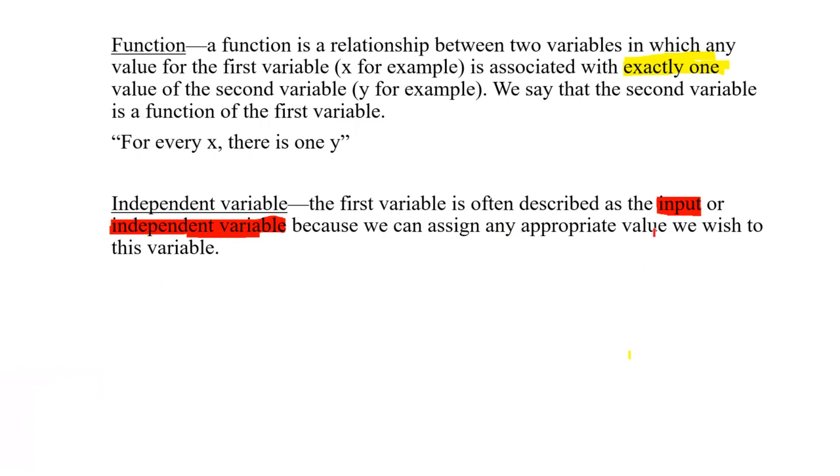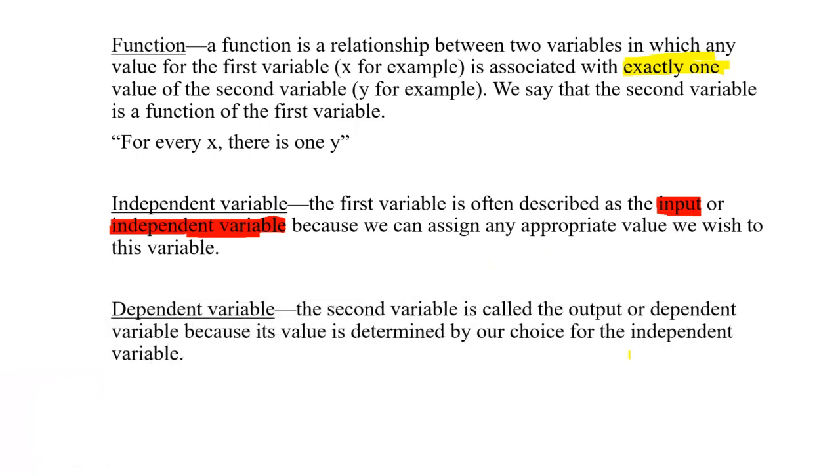So sometimes physically it doesn't make sense, or the function may not be defined if you choose arbitrarily any value. For example, in the case of area, if you choose a negative radius, it doesn't make sense because lengths cannot be negative.